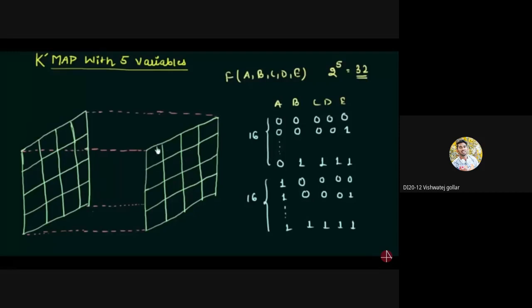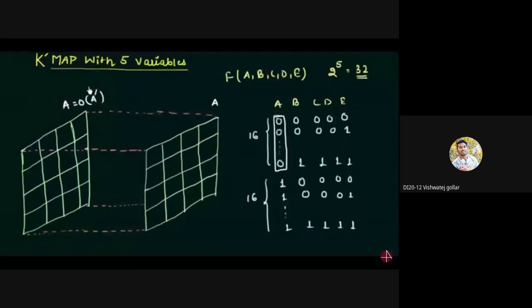So it's not now a planar map, a 2-dimensional map you can say, but now it is a 3-dimensional map. So let's see how we can solve this 3-dimensional map. Let's say this map is for A equal to 0, which means A complement, and this one is for A, because for the first 16 combinations A is 0.